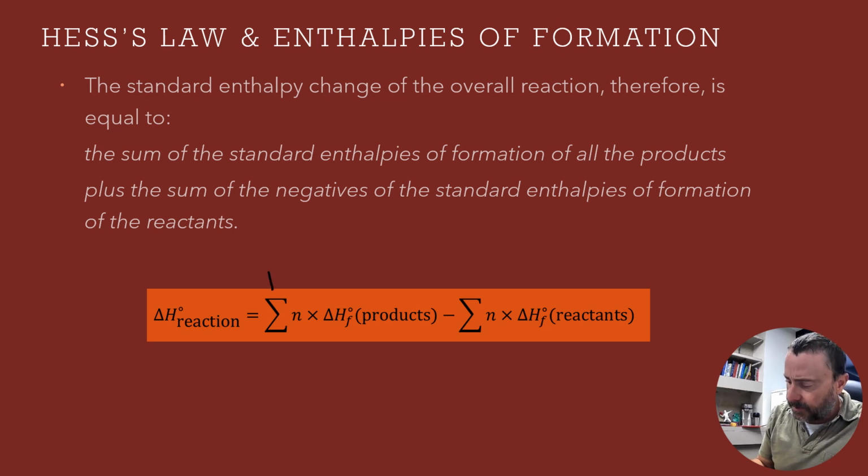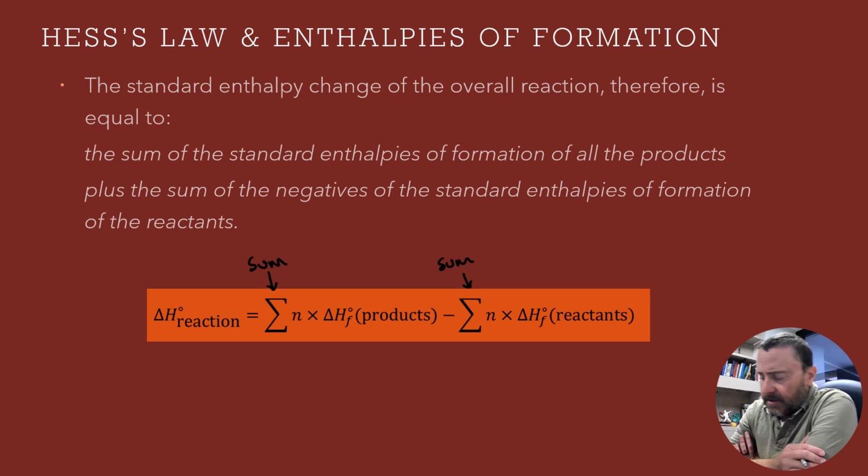If we remember, that is what these sigmas stand for: the sum of what follows it. That means we're going to add together everything that follows it. So we're going to do the sum of the number of moles that we find present times the enthalpy of formation of the products, and then we're going to subtract off the sum of the reactants. We always do products minus reactants.